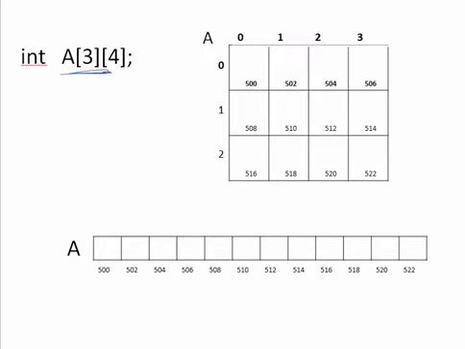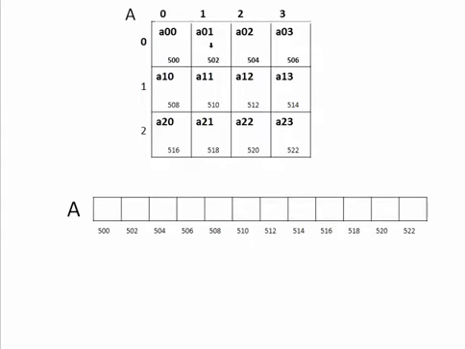Now first we will see row major mapping for this one. Here I have taken some elements and filled the array with them. Then let us see how these elements are stored in reality in the main memory. A00 is stored here.